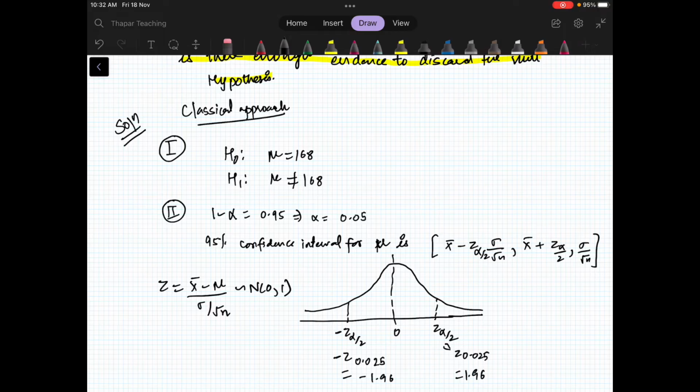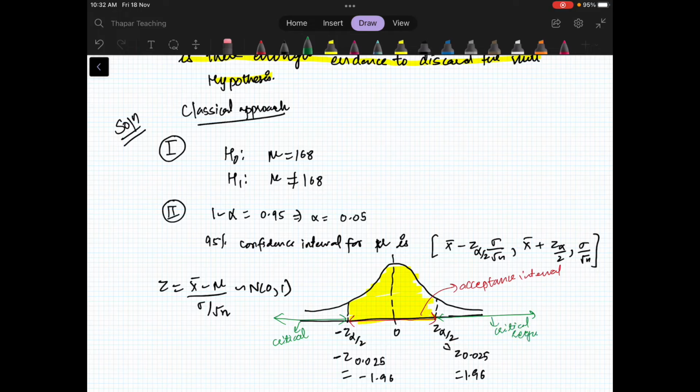Now you know that inside here is your acceptance region. Basically this interval is your acceptance interval, and this interval here, let me mark in green, this and this is your critical region, meaning you will reject your null hypothesis here, critical region.